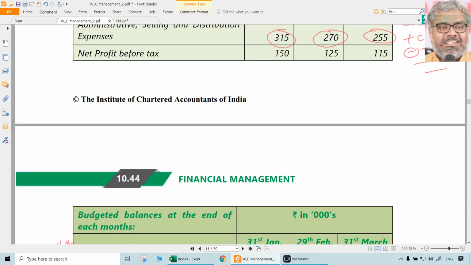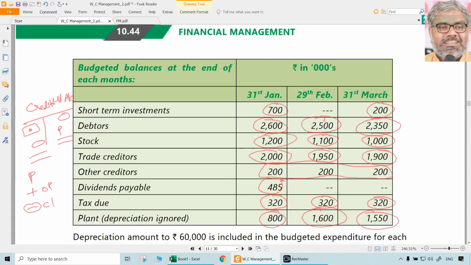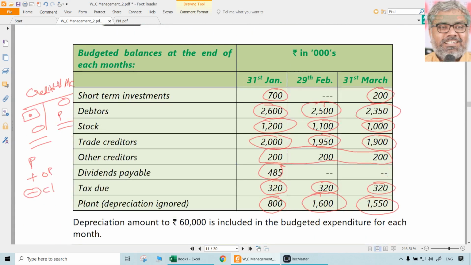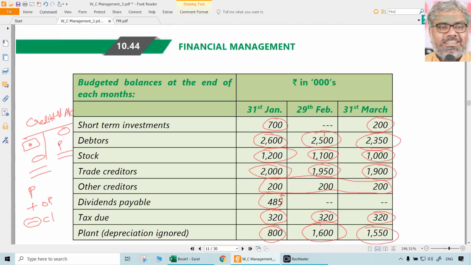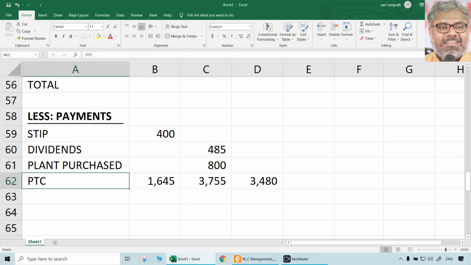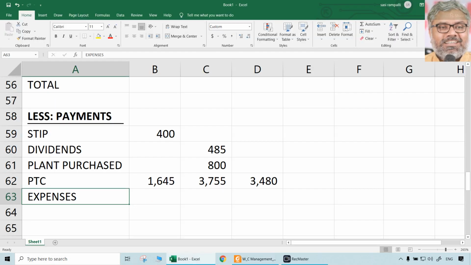But at the end of the question it is given, depreciation amounting to 60,000 is included in the budgeted expenditure for each month. Should we include that? Is it a cash item? No, it is not. So 315, 270, 255 minus 60 has to be taken for each month. So let us take expenses simply, or you can call them admin, selling and distribution expenses.